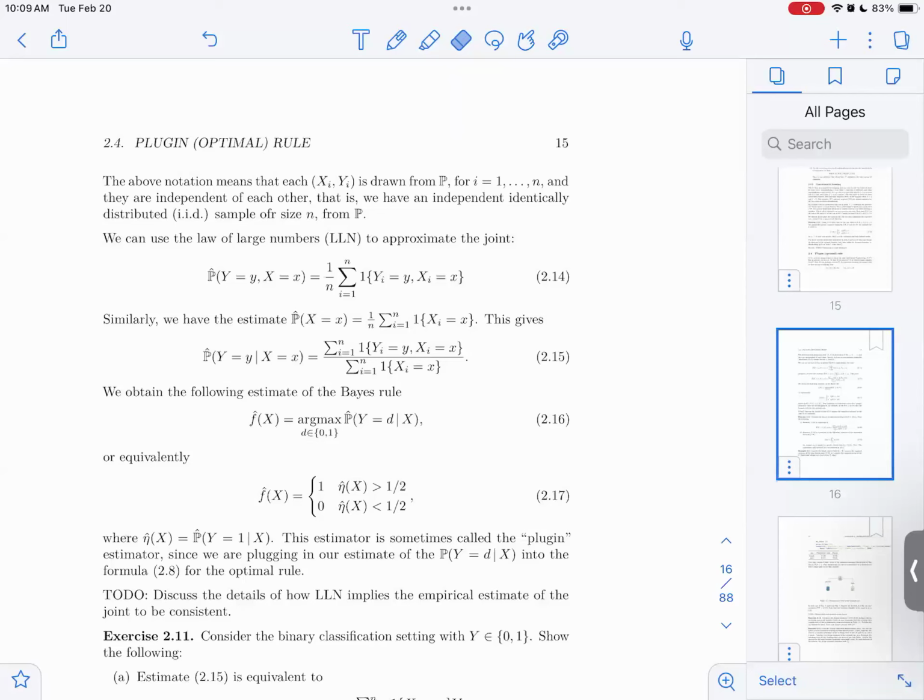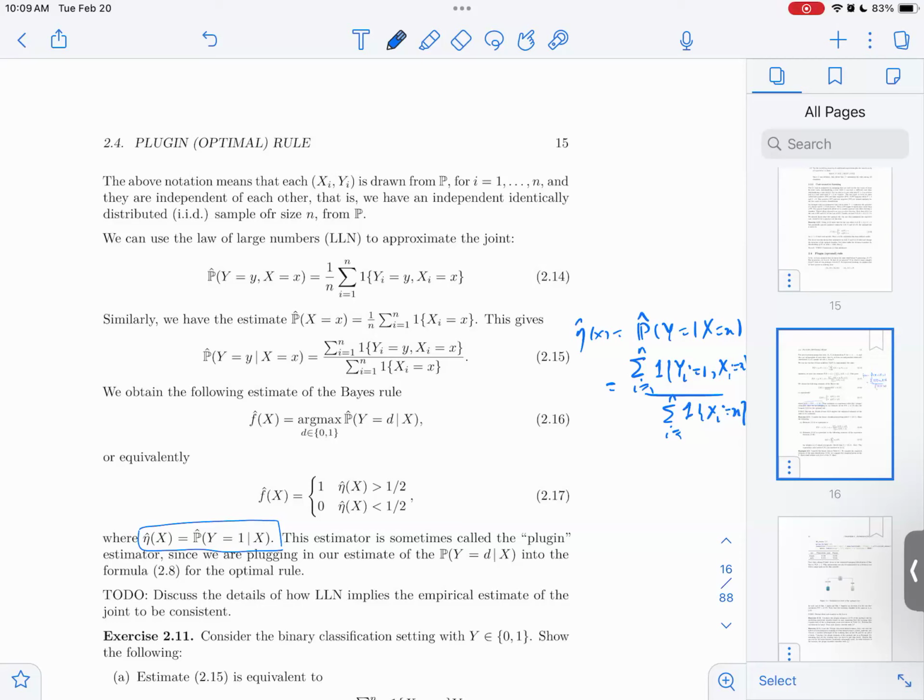I plugged in my computed estimate. So that's eta hat here, just this, right? Or if you want, eta hat of x is again the probability hat of y equal 1 given x equal to x, which turns out to be the sum over i from 1 to n of the indicator yi equal 1 and xi equal x, divided by the same thing, sum over i from 1 to n of the indicator xi equal x.